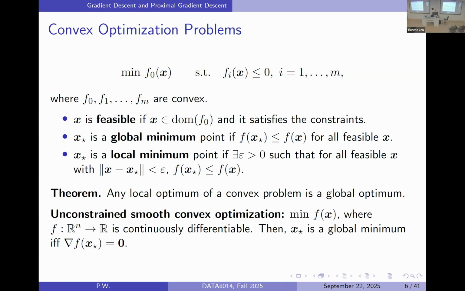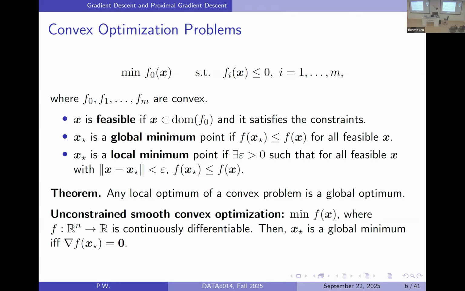Now consider a common example of a non-convex function, like this one. This function is a non-convex function on the 2D space. You can see here this point x1 with function value f(x1), and this is x2 with f(x2).